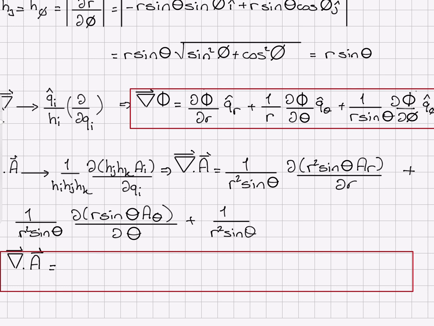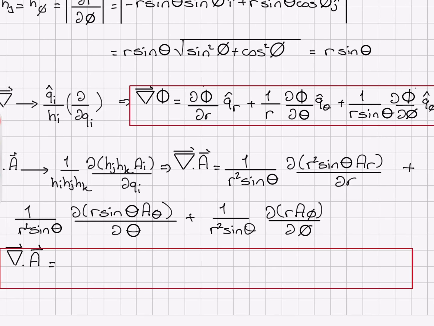This time I have h r and h theta, which means this is r times a phi, derivative with respect to phi. Now you can see for the first term, I'm taking an r derivative, but there is a sine theta here and sine theta here, so they will cancel out. For the second term, I'm taking a theta derivative, so r is unaffected, so r's will cancel out. And for the last term, I'm taking a phi derivative, again, r's will cancel out.